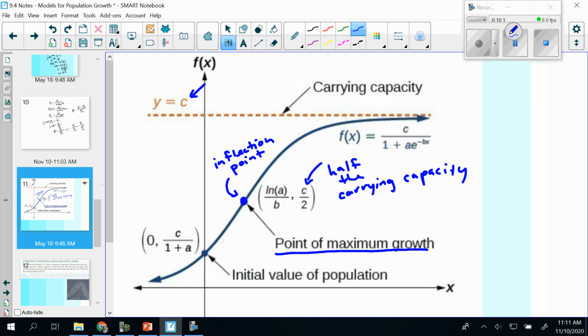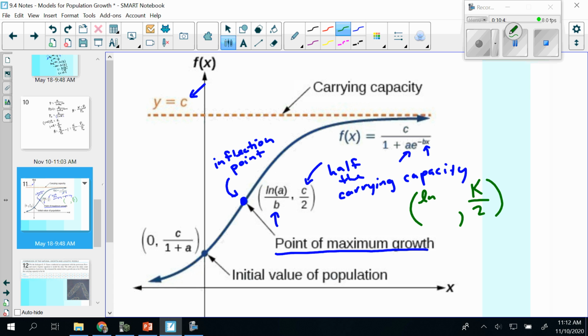The x value, you could then plug that in and solve for it, but it does come out to be the natural log of whatever this a value is here, all divided by b. In our problem before, if you wanted to write the same point using the variables we were using before, it would be half our carrying capacity, or the carrying capacity over 2, as our y value.